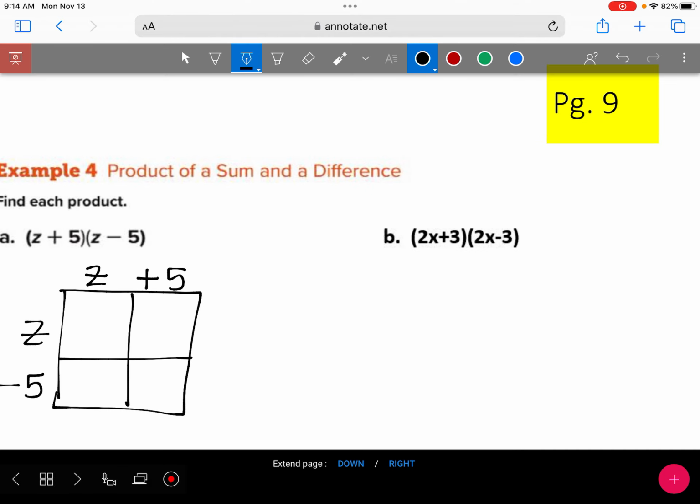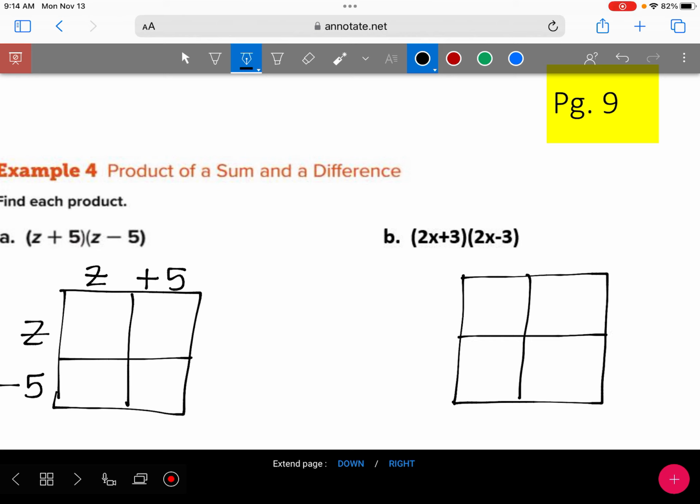This is not the same, this isn't a square. One is a positive and one is a negative. So go ahead and fill in all 8 squares.